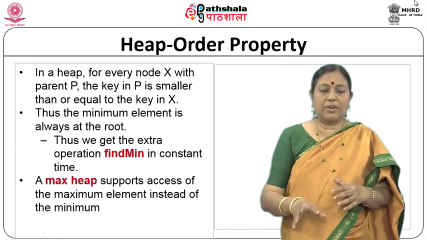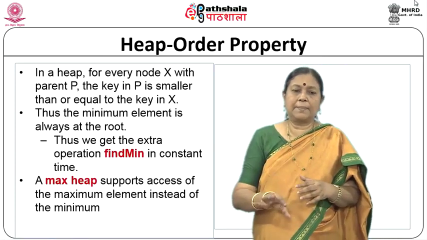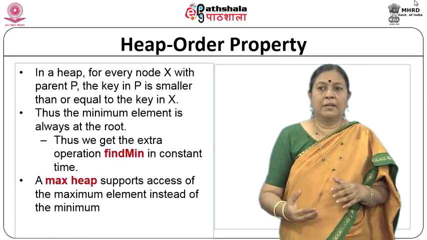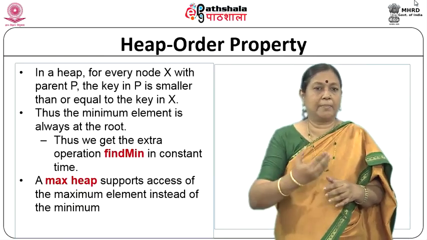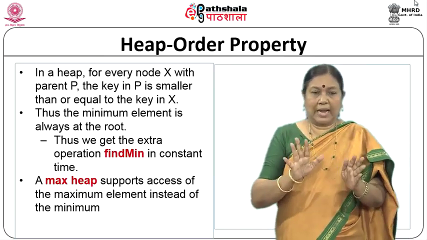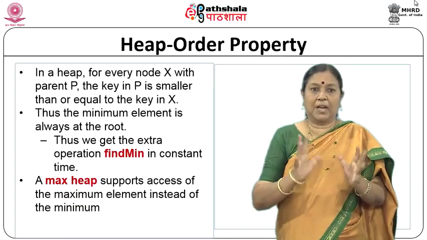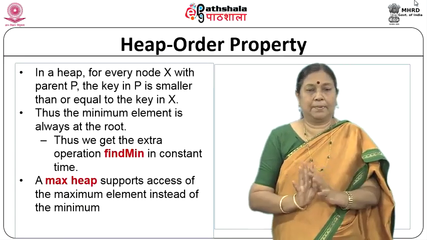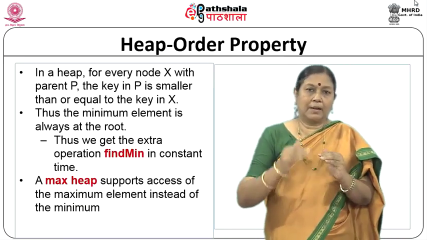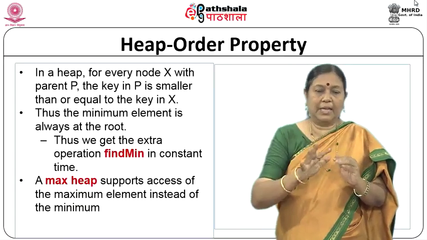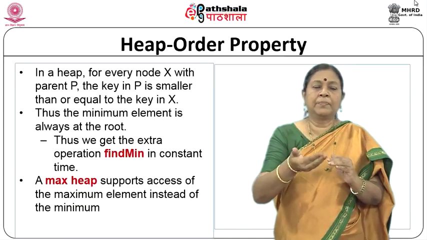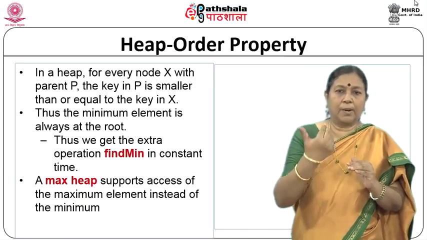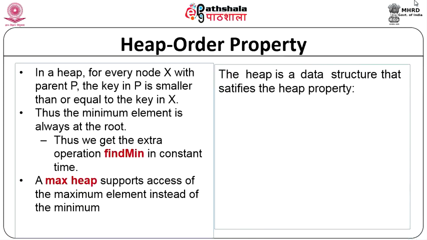You can also have what is called a max heap. The max heap supports access of the maximum element instead of the minimum element. So, you can have a min heap or a max heap, but at any one time you can only allow either a min heap or a max heap. We will take one at a time. In a min heap, the parent will have a key value which is smaller than the child.